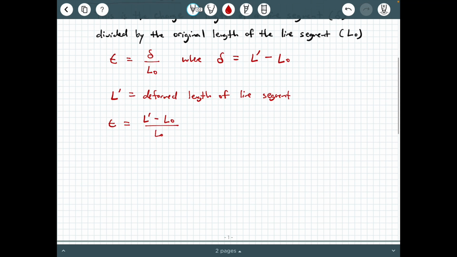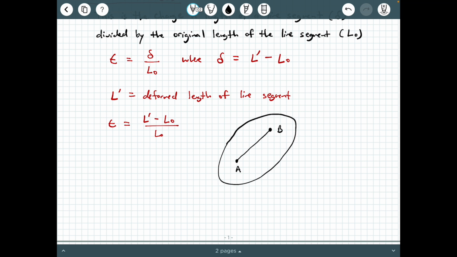Now let's talk about what this is going to look like graphically, okay? Let's say that we have this line segment. I'm going to change colors here. Let's say we have this line segment, and we're going to call it AB, okay? And let's say this line segment is part of a body, okay? So let's just say that this kind of blob right here that I just drew around line AB represents a bigger system.